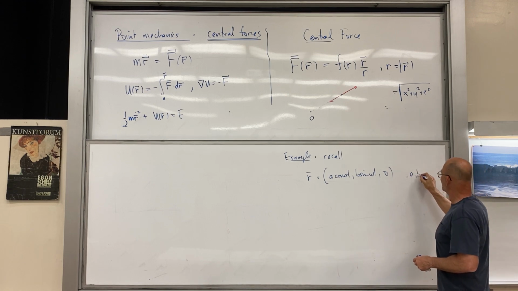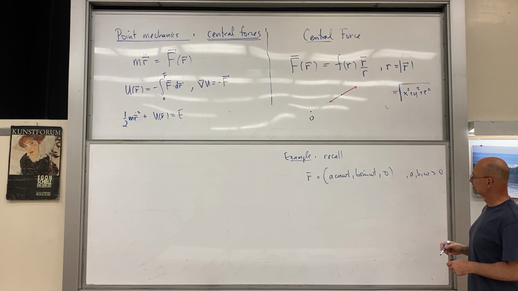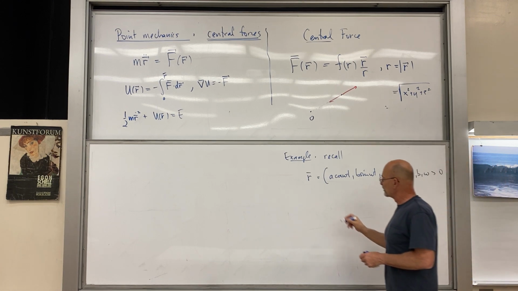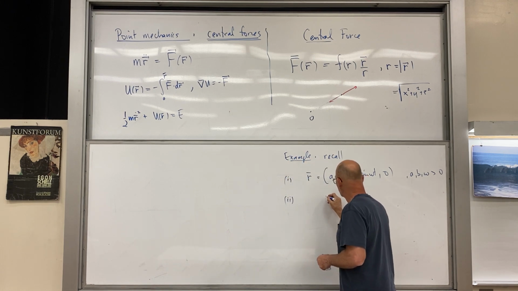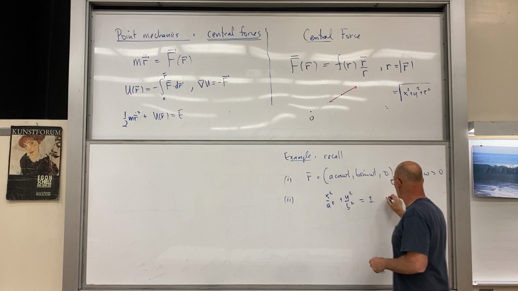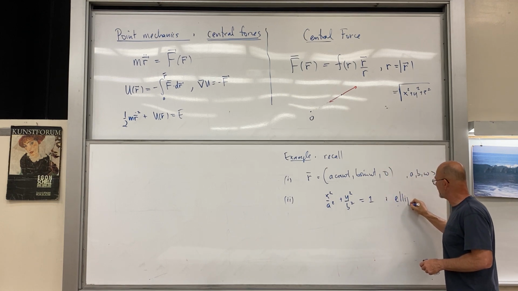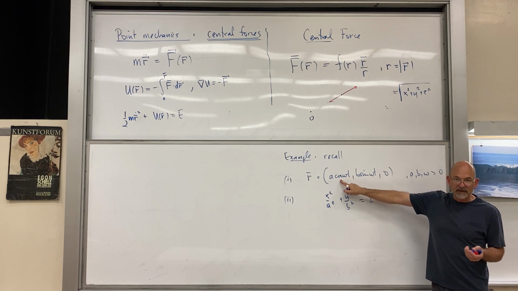A, B, and omega are all positive constants. And what had we learned about this? We had learned that x squared over A squared plus y squared over B squared equals 1, so that is an ellipse. This vector traces out an ellipse.